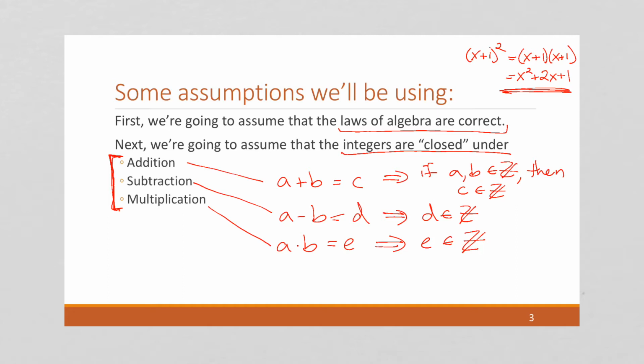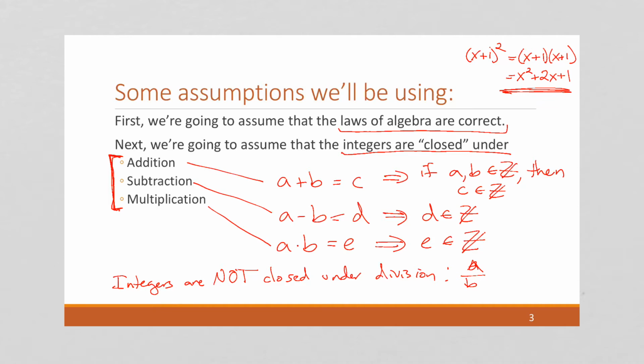Notice that integers are not closed under division. The reason is if A and B are integers, if I divide them, there's no guarantee that my result is going to be an integer, right?